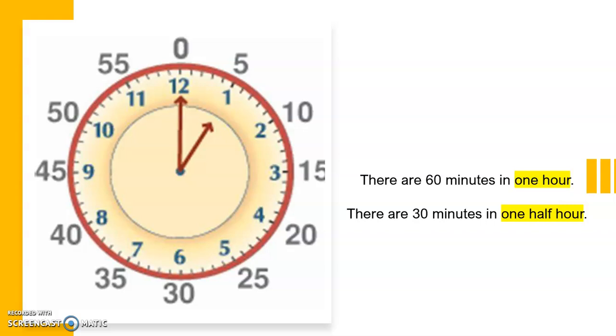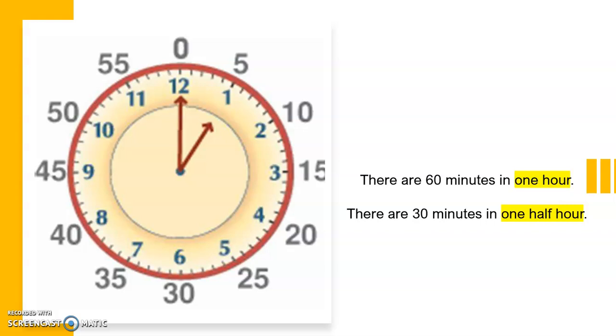It's important to understand that as that minute hand is making its way around the clock, the hour hand, that short hand, is getting closer to the next number on the clock. So if that minute hand is making its way around, where is that hour hand going to get closer to? What number? It's on the 1.